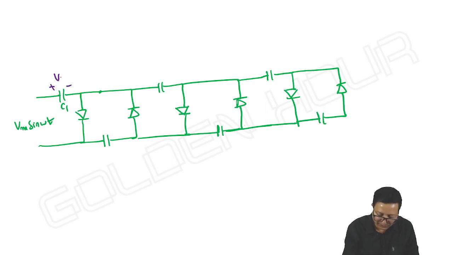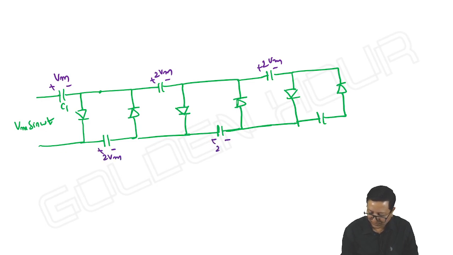So plus minus Vm, here plus minus 2Vm, plus minus 2Vm, here plus minus 2Vm, plus minus 2Vm, plus minus 2Vm.